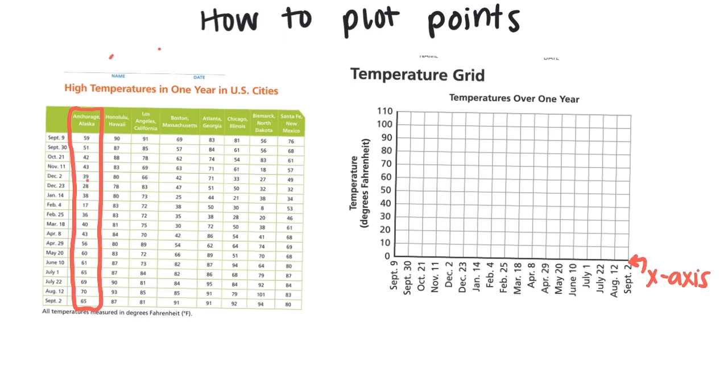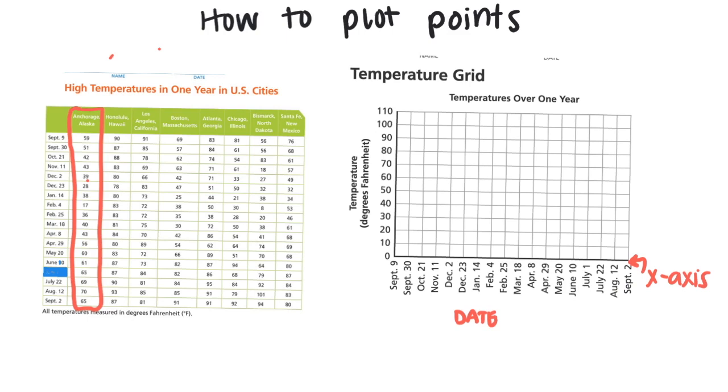is this line right here, this horizontal line, and it's telling me the date. So I can use the date over here, and all of this right here, all of these line up with our x-axis, right?